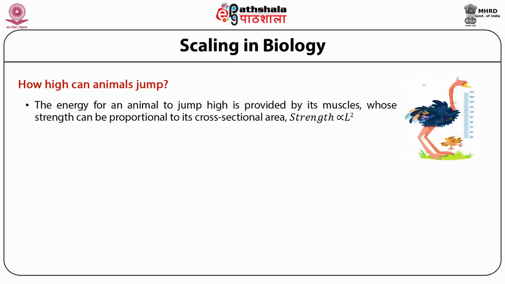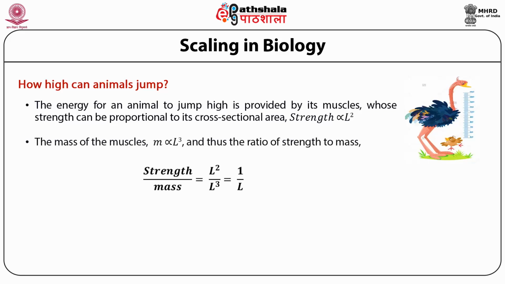The muscular strength can be assumed to be proportional to its cross-sectional area, and hence strength is proportional to L squared. The mass of the muscles, M, is proportional to L cubed, and thus the ratio of strength to mass is equal to 1 by L.